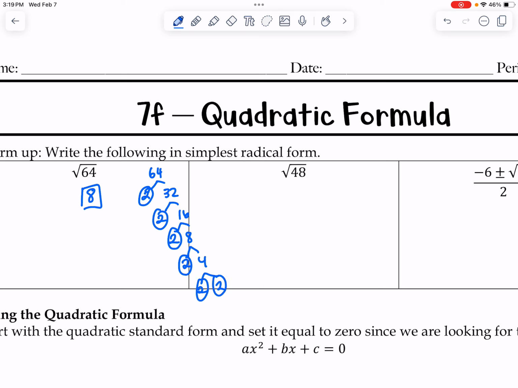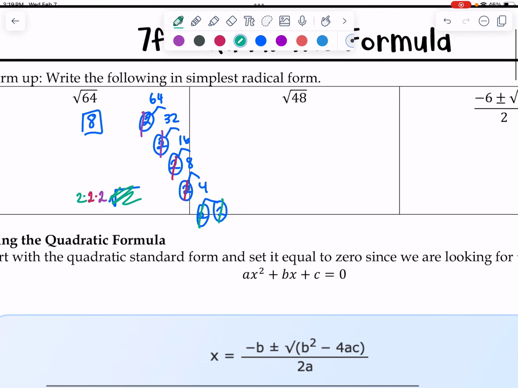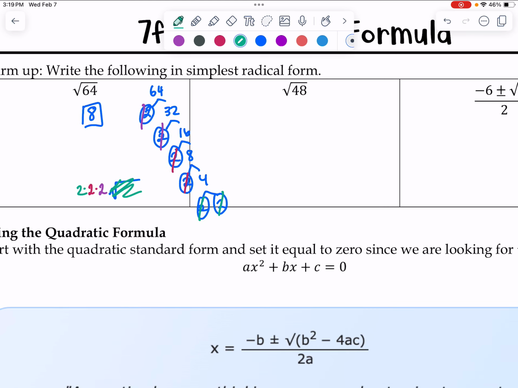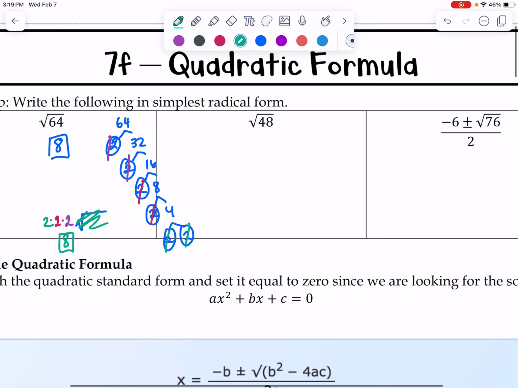When you make your radical, you have a pair of 2's, another pair of 2's, and another pair of 2's, and nobody gets left behind. So your radical is not necessary, and 2 times 2 is 4, times 2 is 8. Anytime you realize your radical isn't necessary, it means you were dealing with a perfect square.